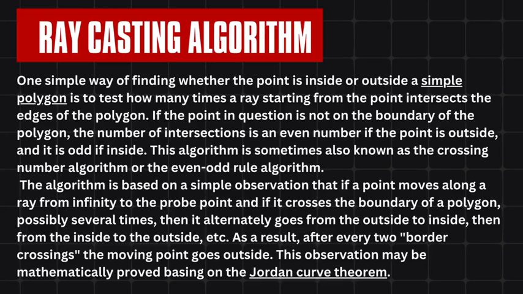The algorithm is based on a simple observation that if a point moves along a ray from infinity to the probe point, and if it crosses the boundary of a polygon, possibly several times, then it ultimately goes. This observation may be mathematically proven based on the Jordan curve theorem.